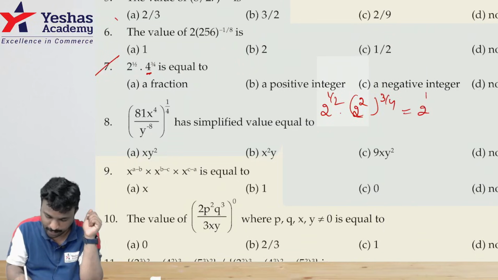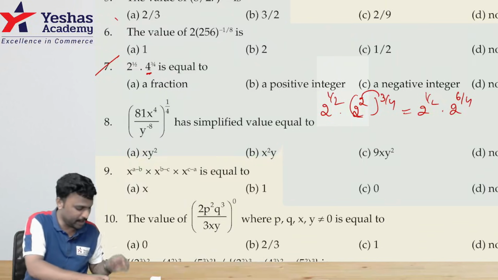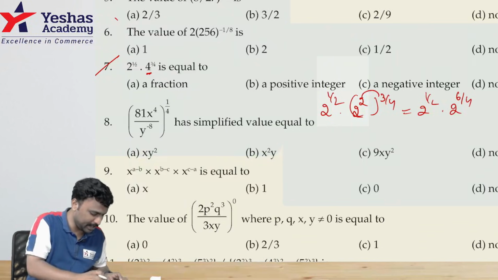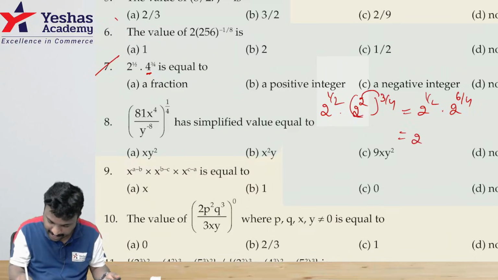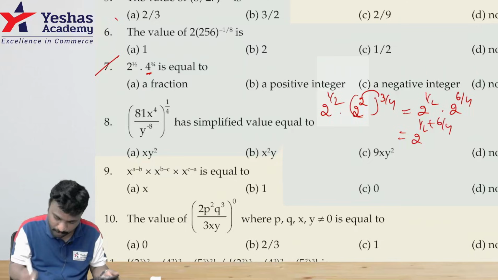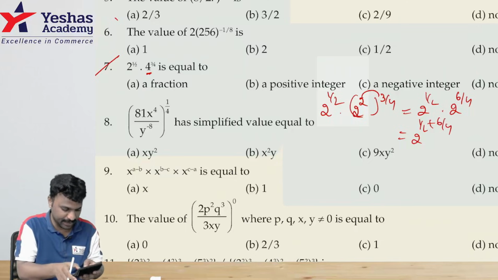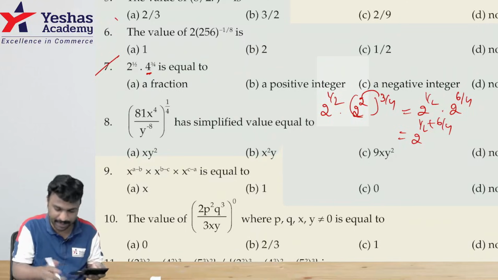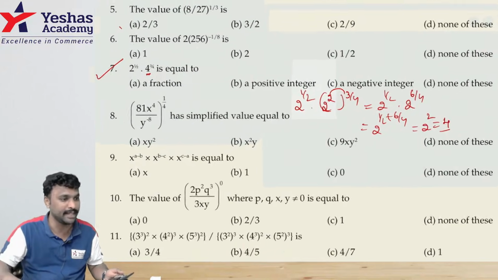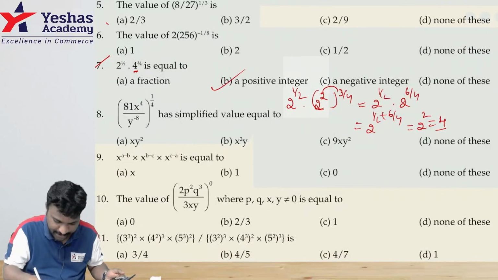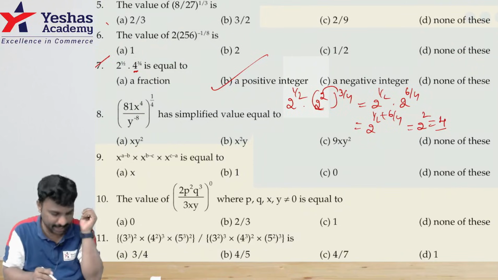Now, it's 2 power 1 by 2 into 2 power 3 into 2 is 6, 6 by 4. Because powers get added, isn't it? 1 by 2 plus 6 by 4, it's 2. So 2 power 2, which is nothing but 4. So isn't it an integer, guys? It's a positive integer. So option B is the right answer.